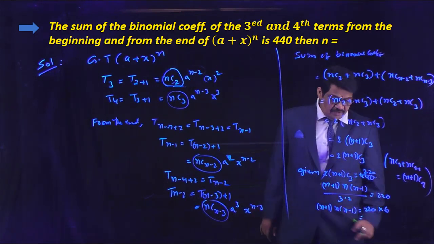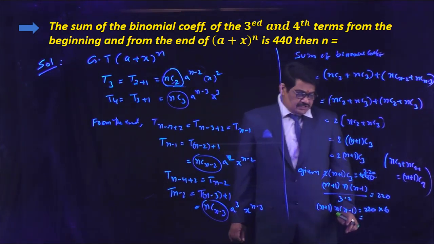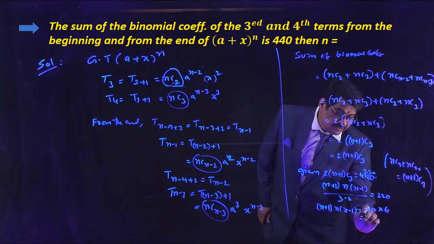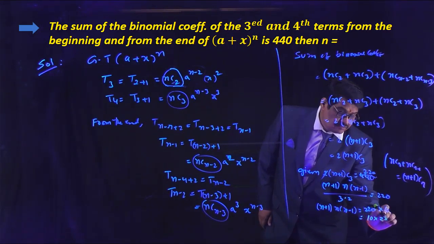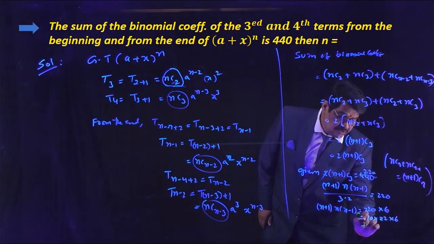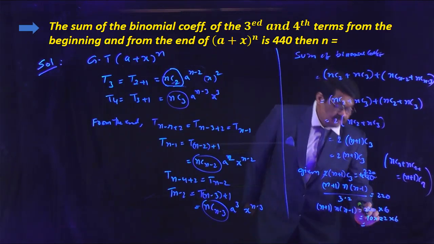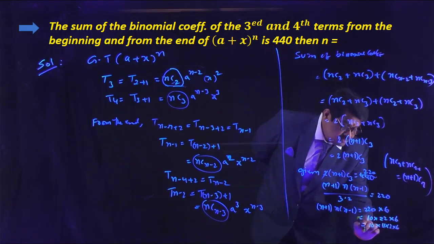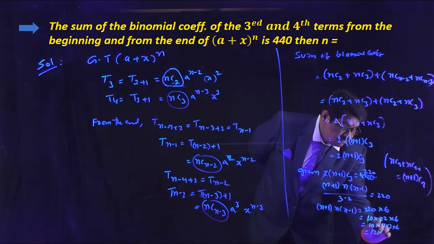This can be written as 10 into 22 into 6. This 22 can be written as 2 into 11, so 11 into 2 into 6, that is 2 into 6 is 12, 12 into 11 into 10.